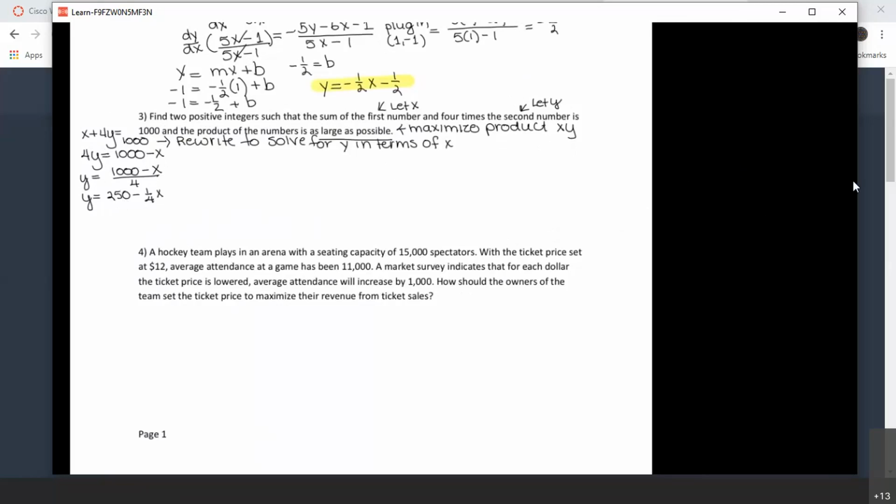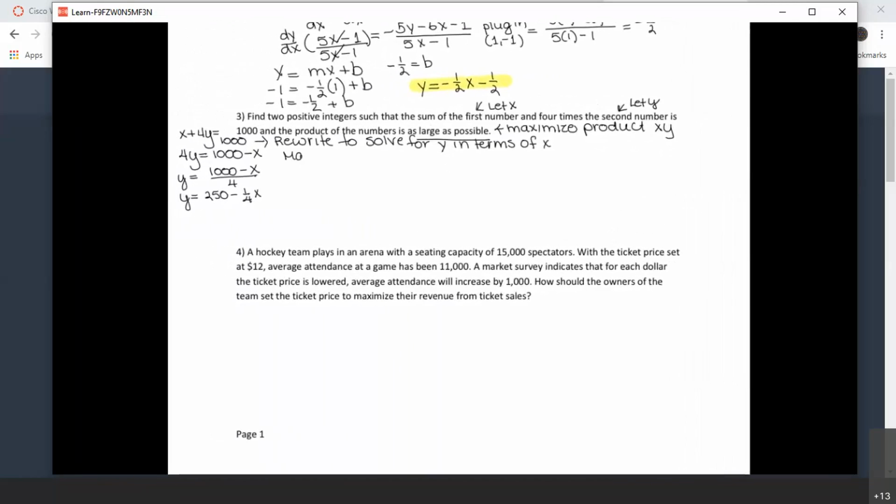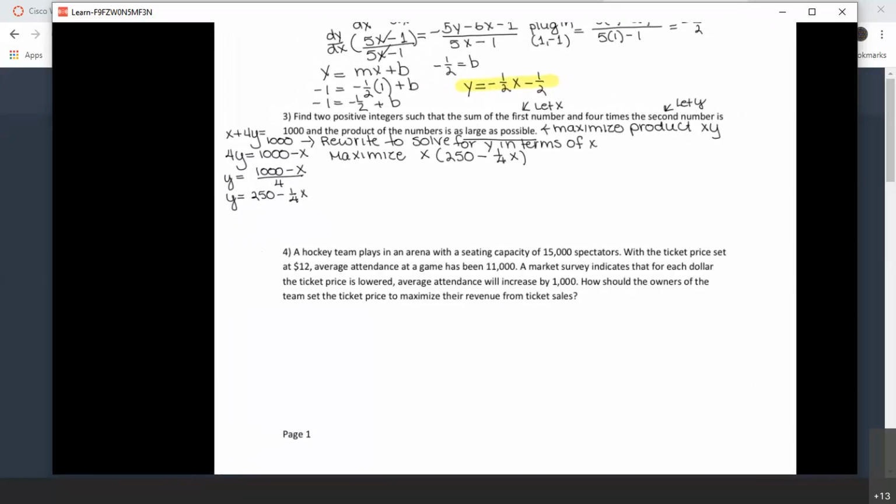Right? Then my product, maximize xy, but that's x times 250 minus 1/4 x. Okay, everybody all right with that?